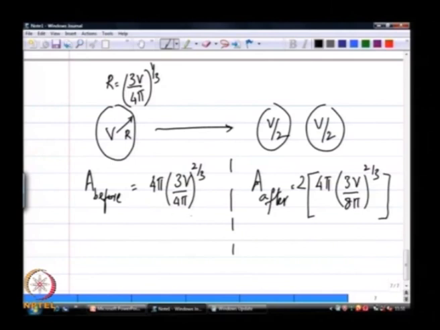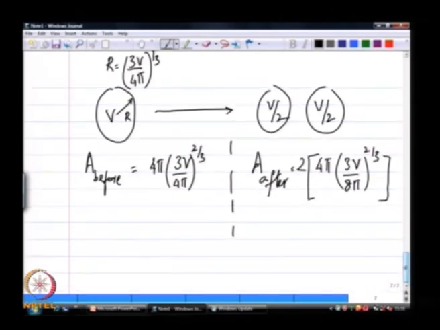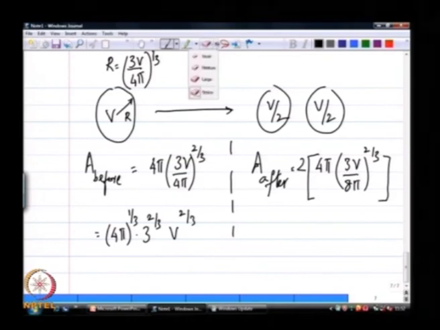So, this is the before picture and this is the after picture. Let me simplify this slightly. What do I get? I get 4 pi raised to the power 1/3, 3 raised to the power 2/3, V to the power 2/3.